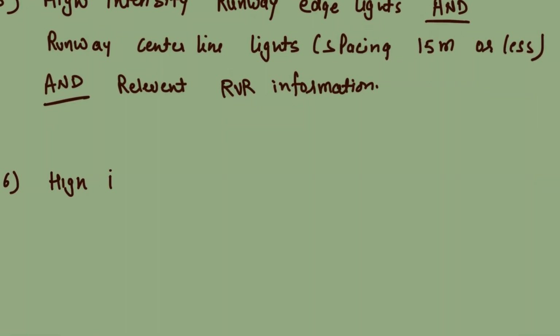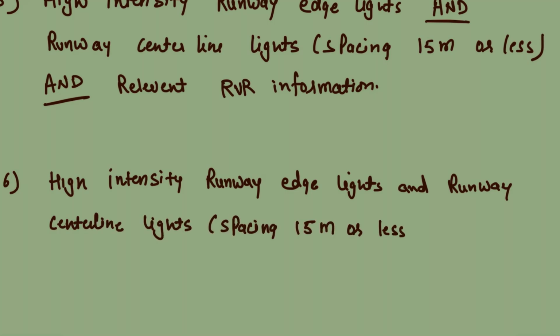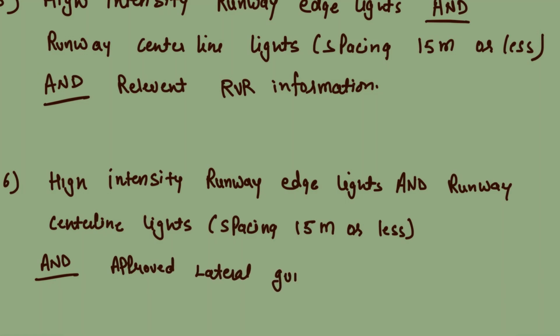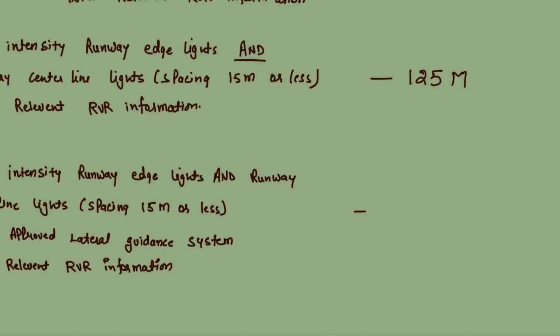If you have high intensity runway edge lights and runway centerline lights with spacing of 15 meter or less plus relevant RVR, same as above, plus an approved lateral guidance system, then you can take off with 75 meter of RVR. Now you can imagine, this is how, if you have better and better infrastructure at the airport, you can perform operations in even very low RVR conditions.